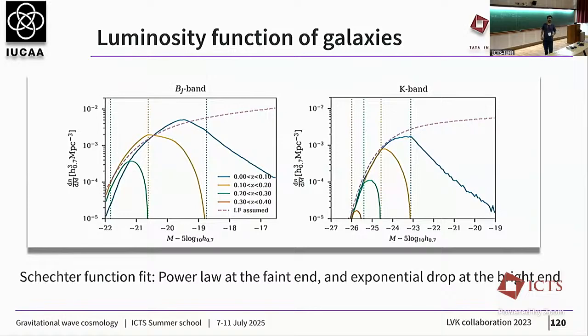Again, you can look at the derivation of what this Schechter function looks like. It's present in my lecture notes, under the title of Inhomogeneous Universe. So just take a look at it and you will see where exactly this power law and this exponential cutoff come from. Okay. So that I will leave for the moment.